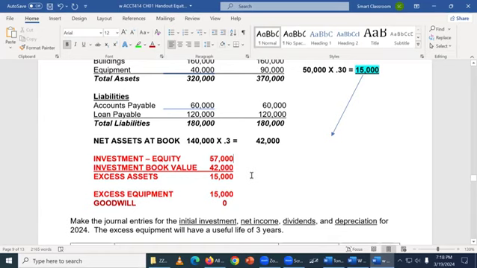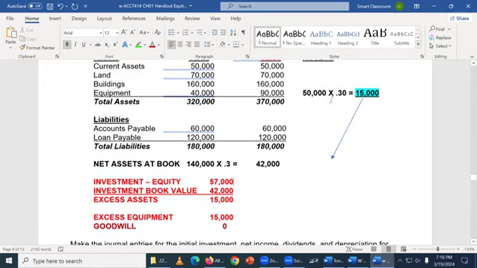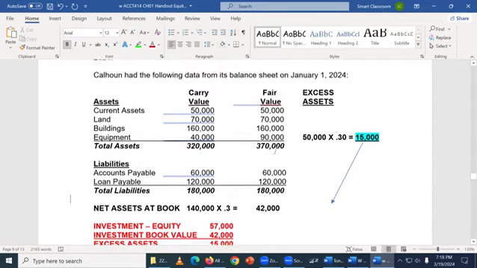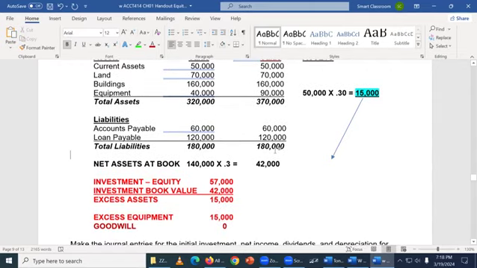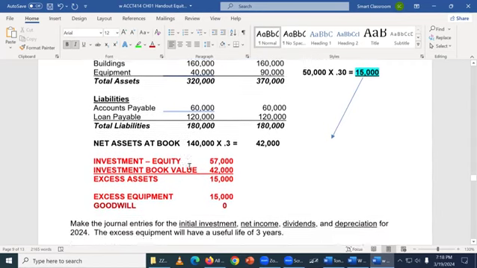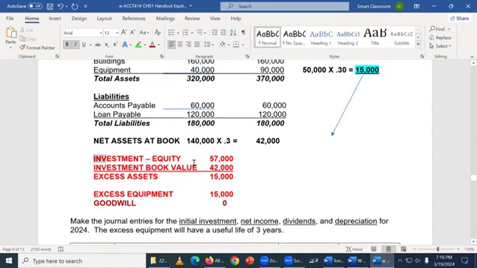So the difference is that the fair value is what I think I showed you using the fair value. There are different ways of showing this. So this is what it would look like the way I did it on the practice exam. And there would be no goodwill. Everything would have been identified.